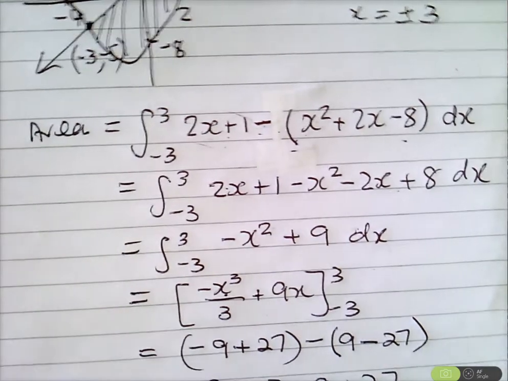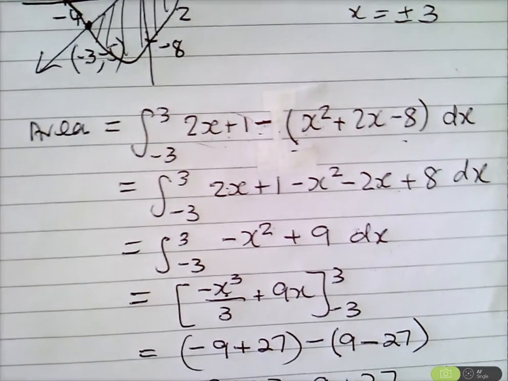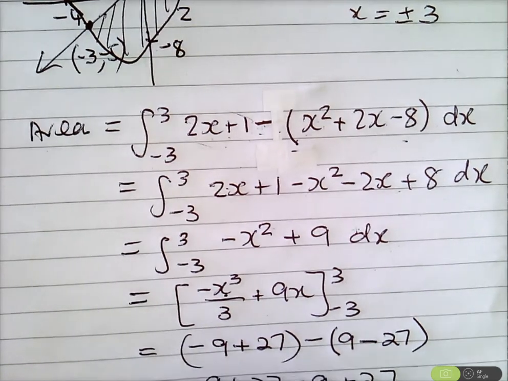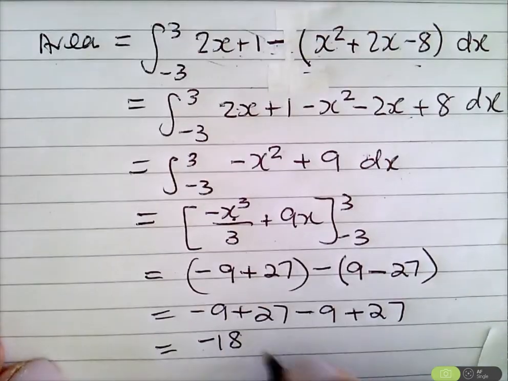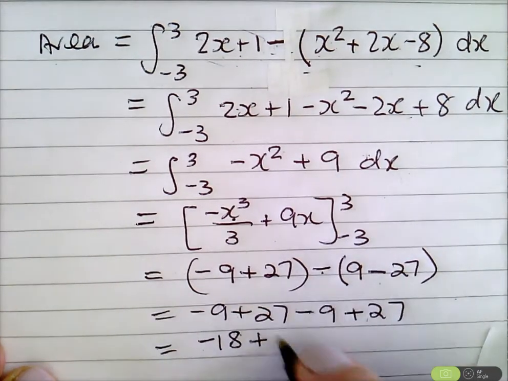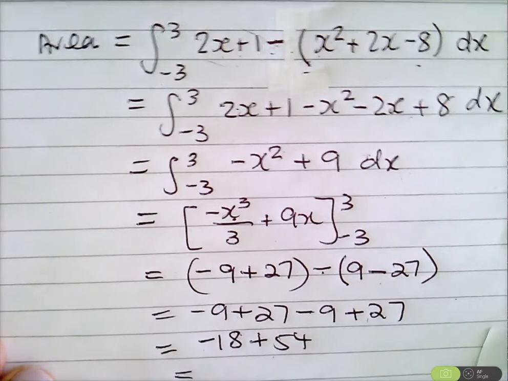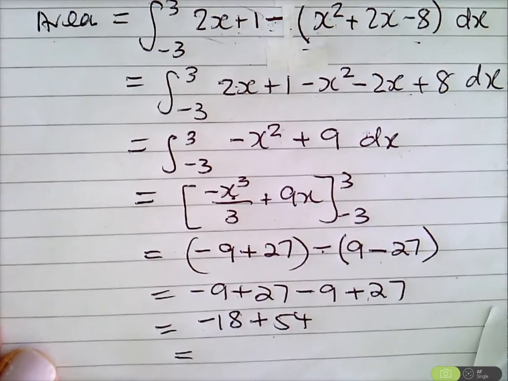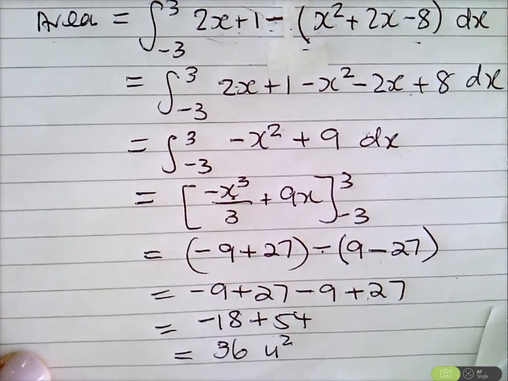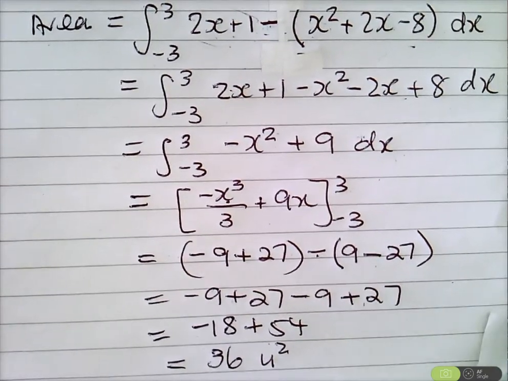I mean, you can work it out, but I just thought I'd expand it. No, actually not. It's minus 18 plus 54. No, because that's minus negative 27. So what is it, 36 or something? 36 units squared. So that's the area between the two curves.